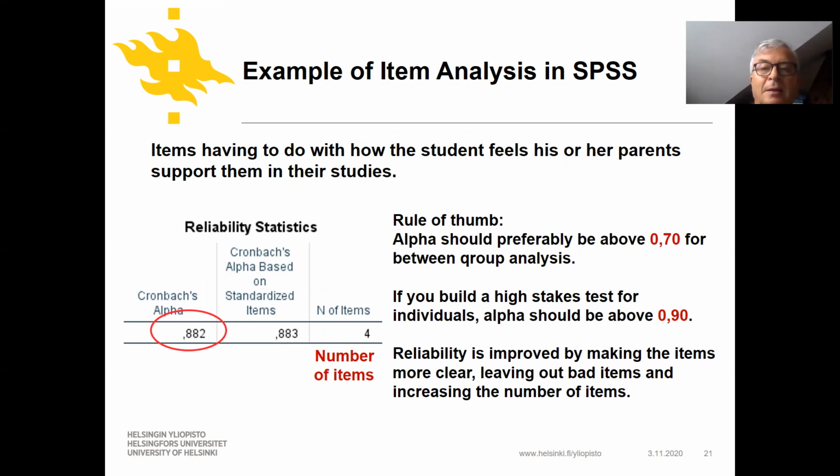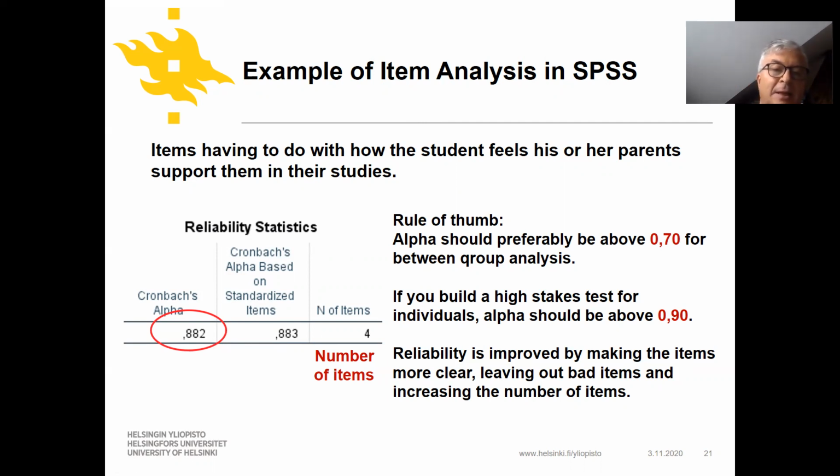Here, the essential thing pops out as the first. It gives you this small table with Cronbach's alpha and the number of items that we have in here. So what would we say here?